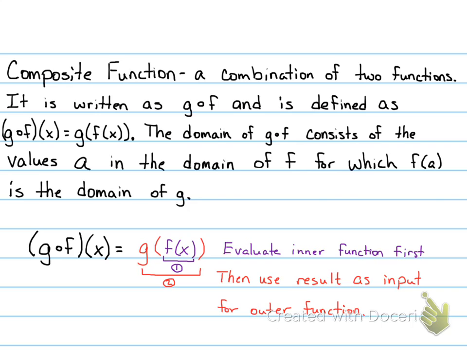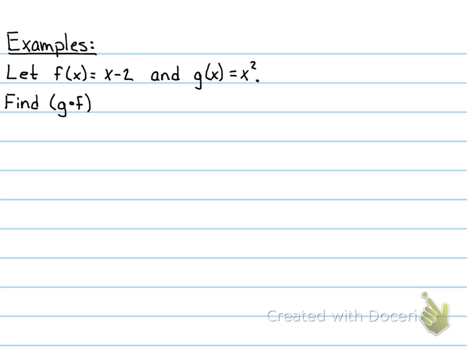So for example, if we let f of x equal x minus 2 and g of x equal x squared, if I ask you to find g of f of negative 5, we have to do the inner function first, so that would be the function of f.